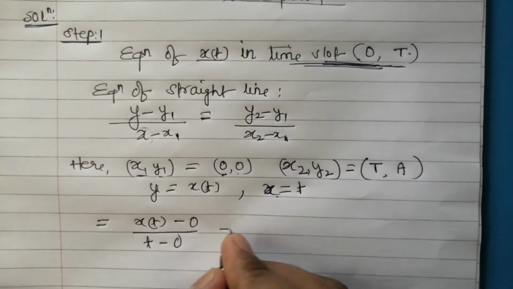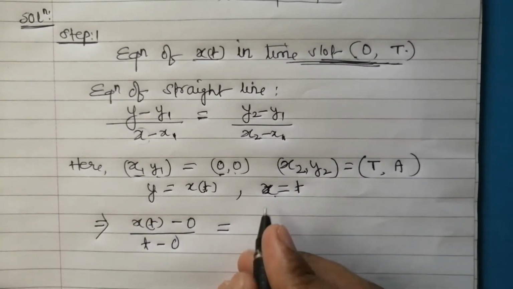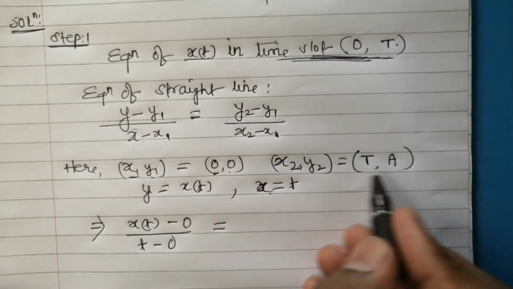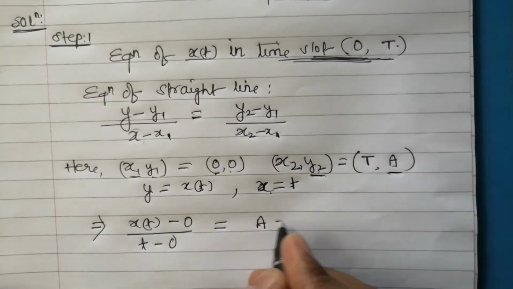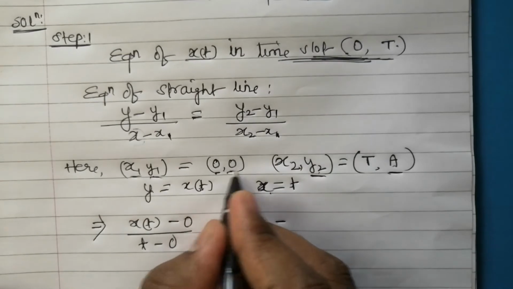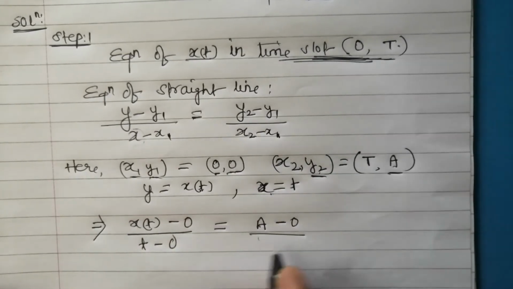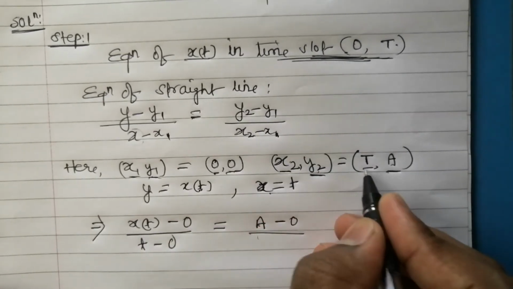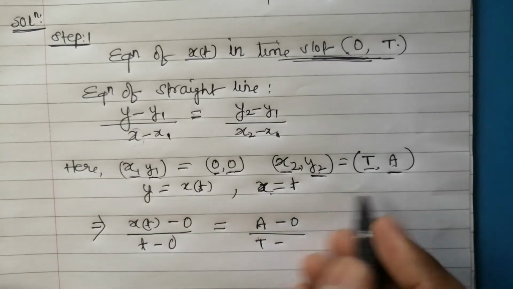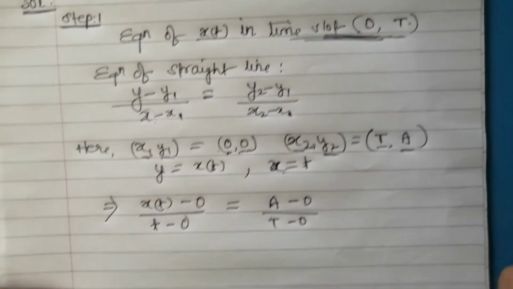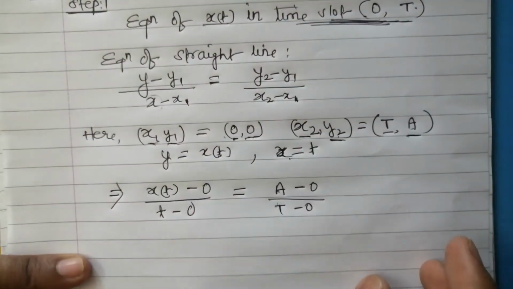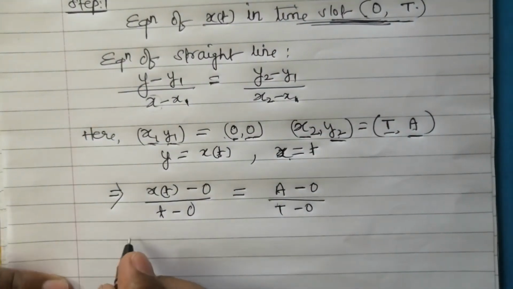And then y2 is a, and what is y1? 0. And what is x2? x2 is t. And what is x1? It is 0. So we have placed all these values in this equation, and then we will simplify it.